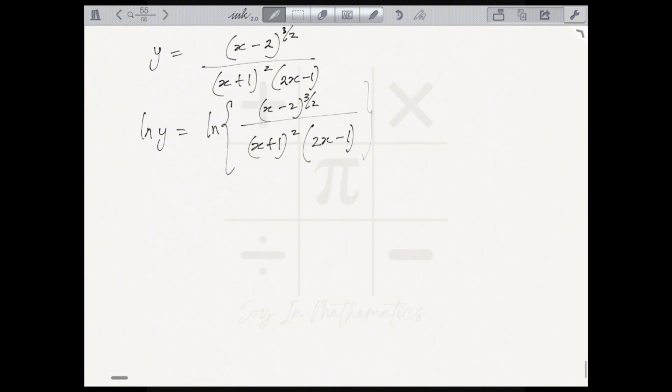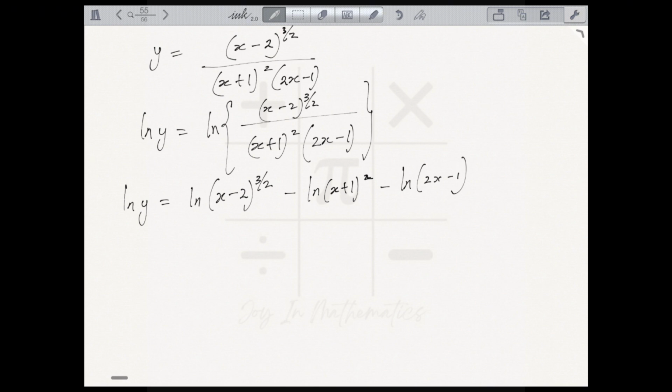So now let's apply the laws of logarithm to split this into a straight line. So this will give us ln x minus 2 to 3 over 2, because that's in the numerator, and in the denominator we have ln x plus 1 squared minus ln 2x minus 1.